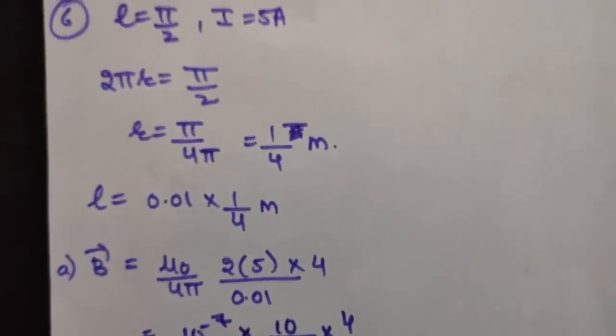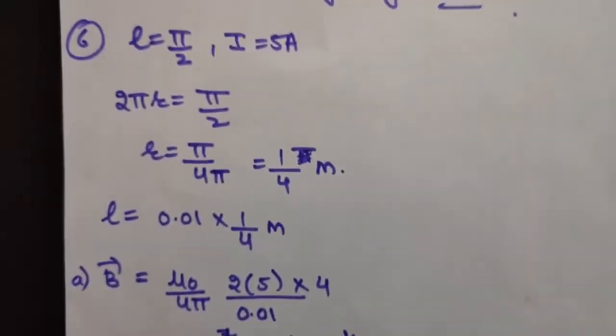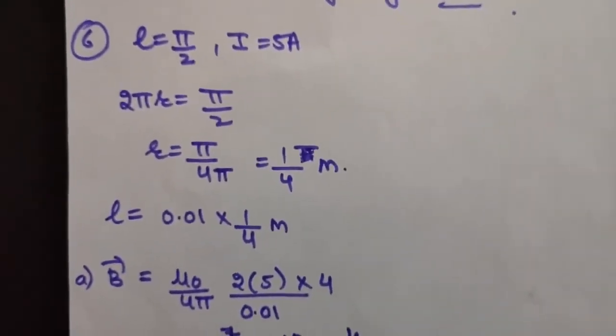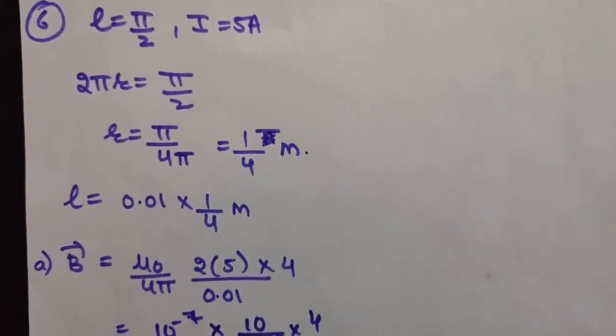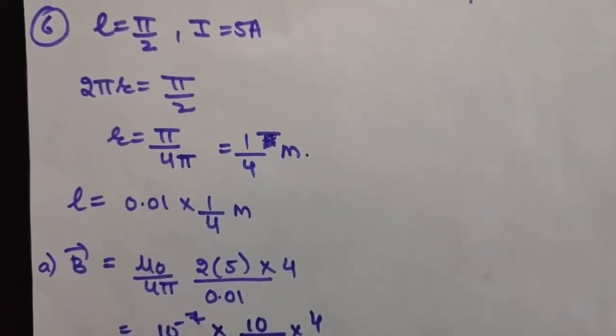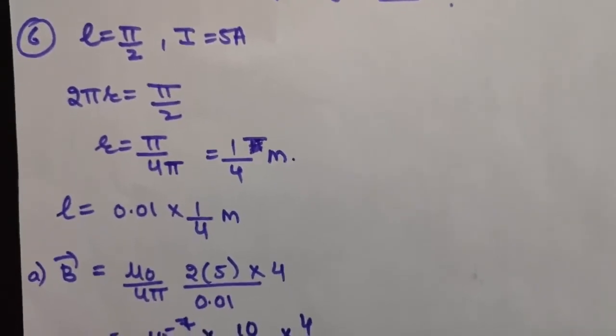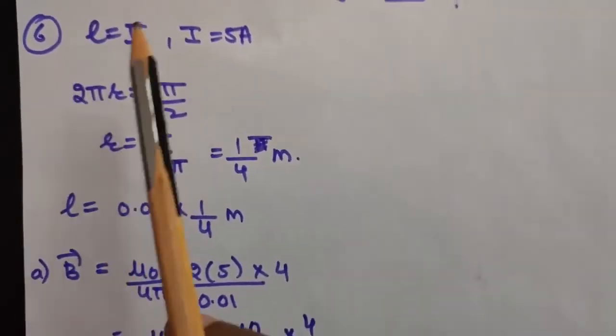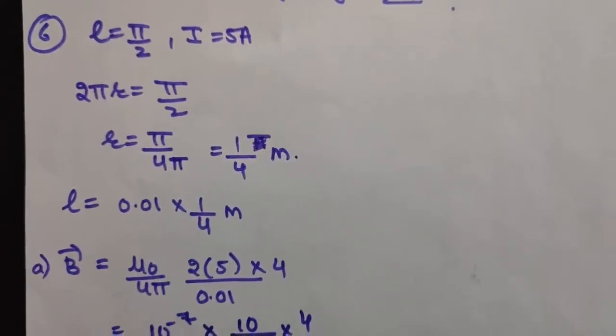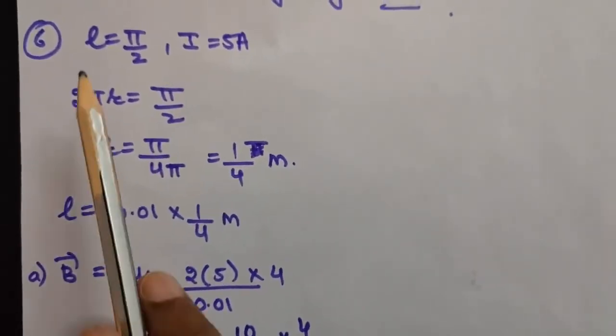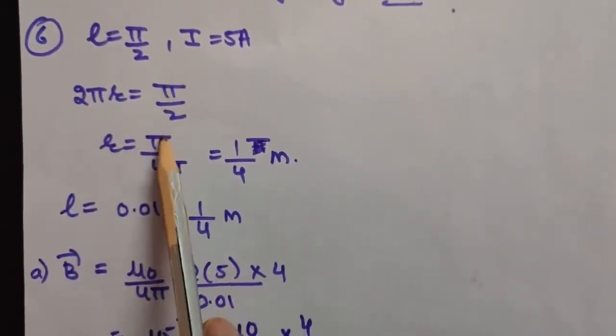Okay, so the next is question number 6. Question number 6 says, a straight wire of length pi by 2 is bent into a circular shape and it carries a current of 5 amperes. If it has a length of pi by 2, you can calculate the radius of the circular loop. So that means 2 pi r is pi by 2. Pi will cancel out.